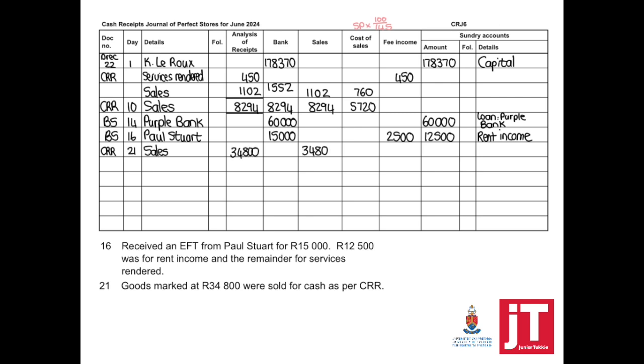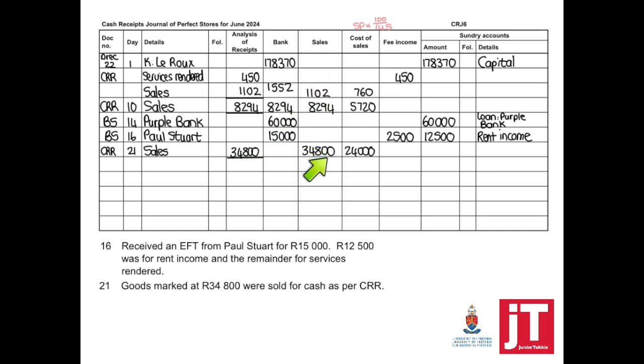Day 21, goods marked at $34,800 was sold for cash as per cash register roll. Source document, cash register roll on day 21. Details, this was because of sales. Analysis, $34,800. Why?